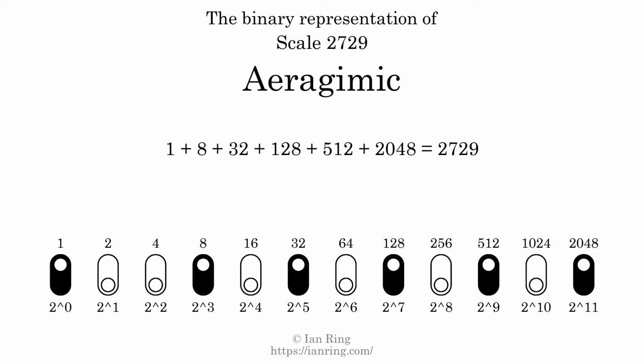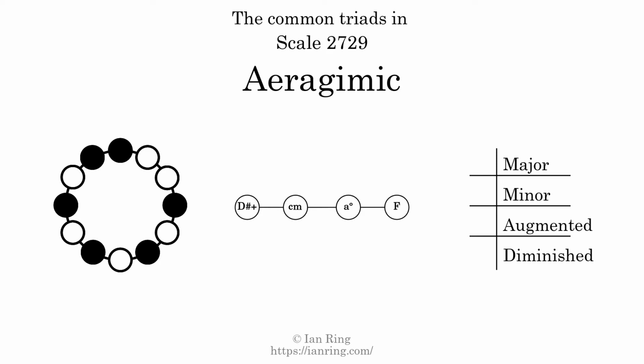That is why the scale number, in decimal, is 2729. The scale number not only enumerates the scale with a unique index, but it also literally describes the tonal content of the scale. Represented as a binary number in base 2, the scale number is 101010101001. Here are the common triads present in this scale.